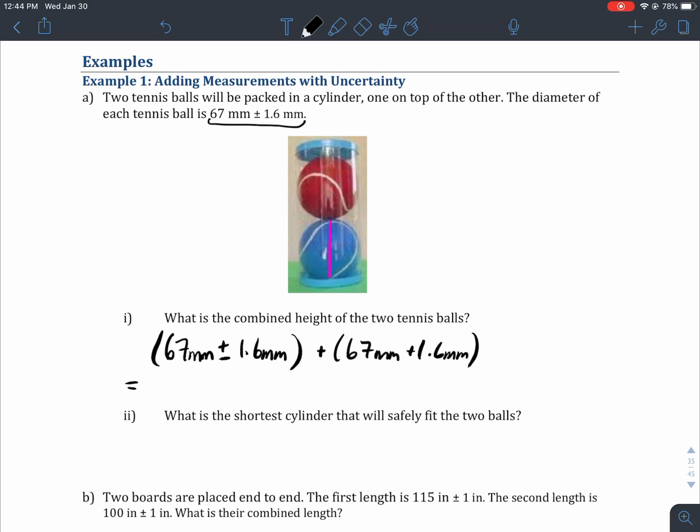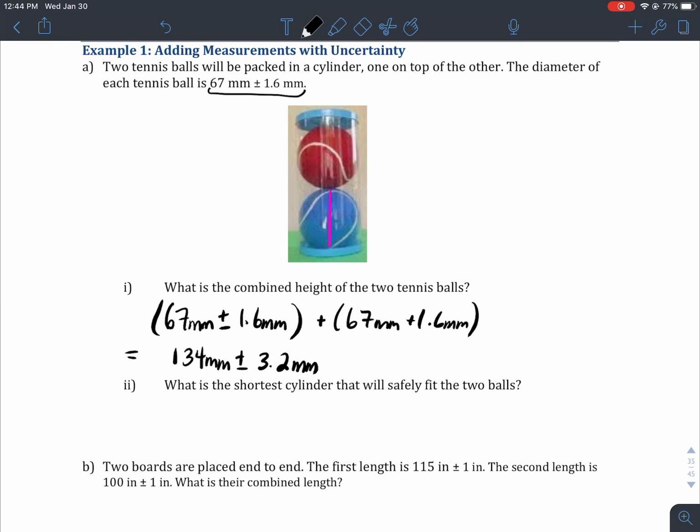Now when we add those two things together, we should get 134 millimeters plus or minus 3.2 millimeters. Okay, if we're adding measurements with uncertainties, our uncertainty should become larger because I'm uncertain about both measurements. Which means my uncertainty gets larger the more things I add together.